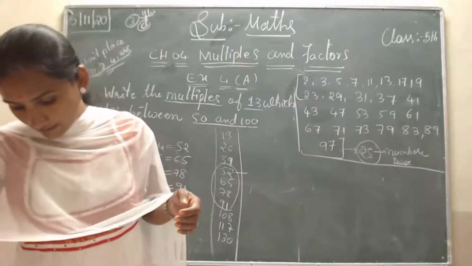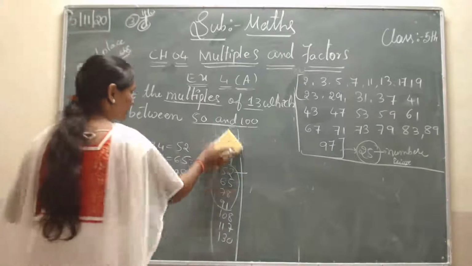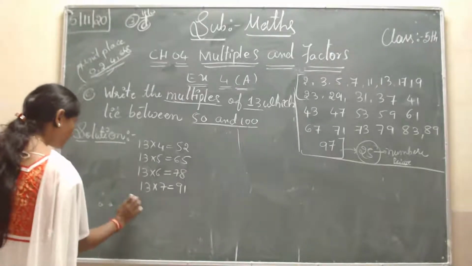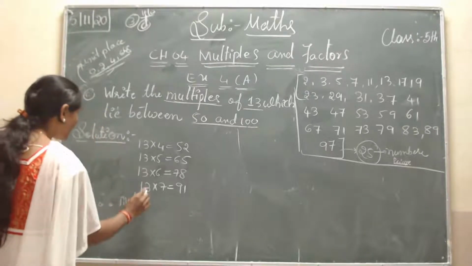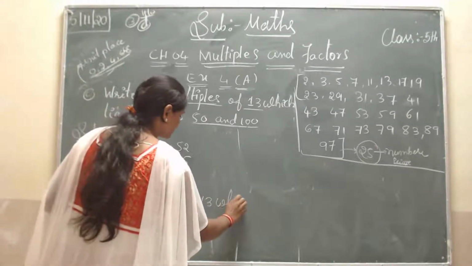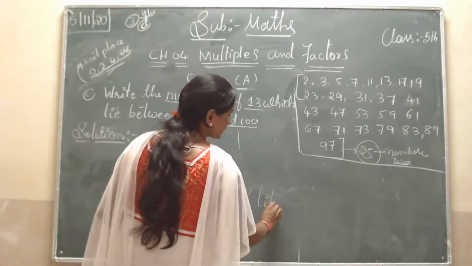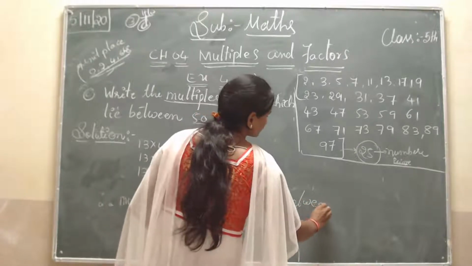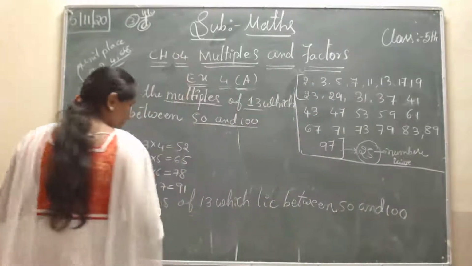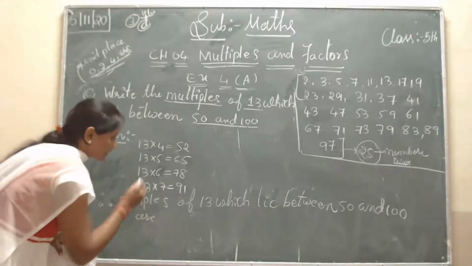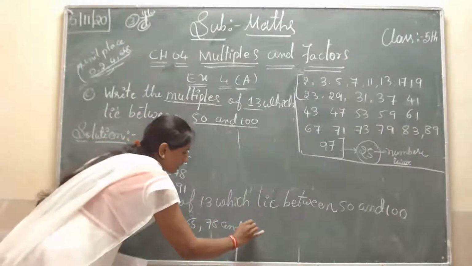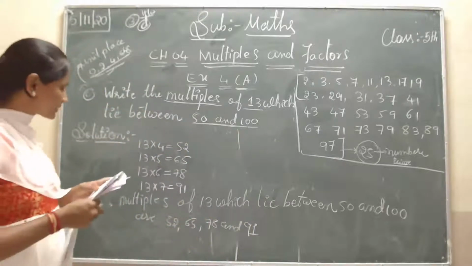Therefore, I have to write here the multiples of 13 which lie between 50 and 100 are 52, 65, 78 and 91.